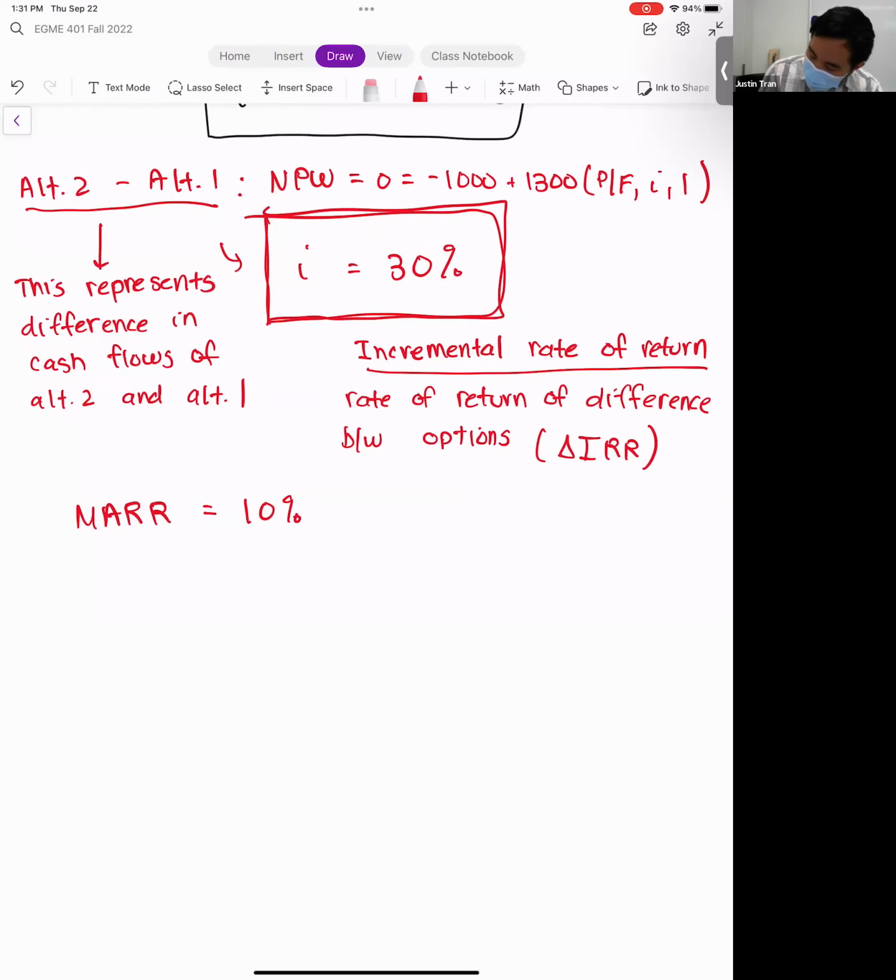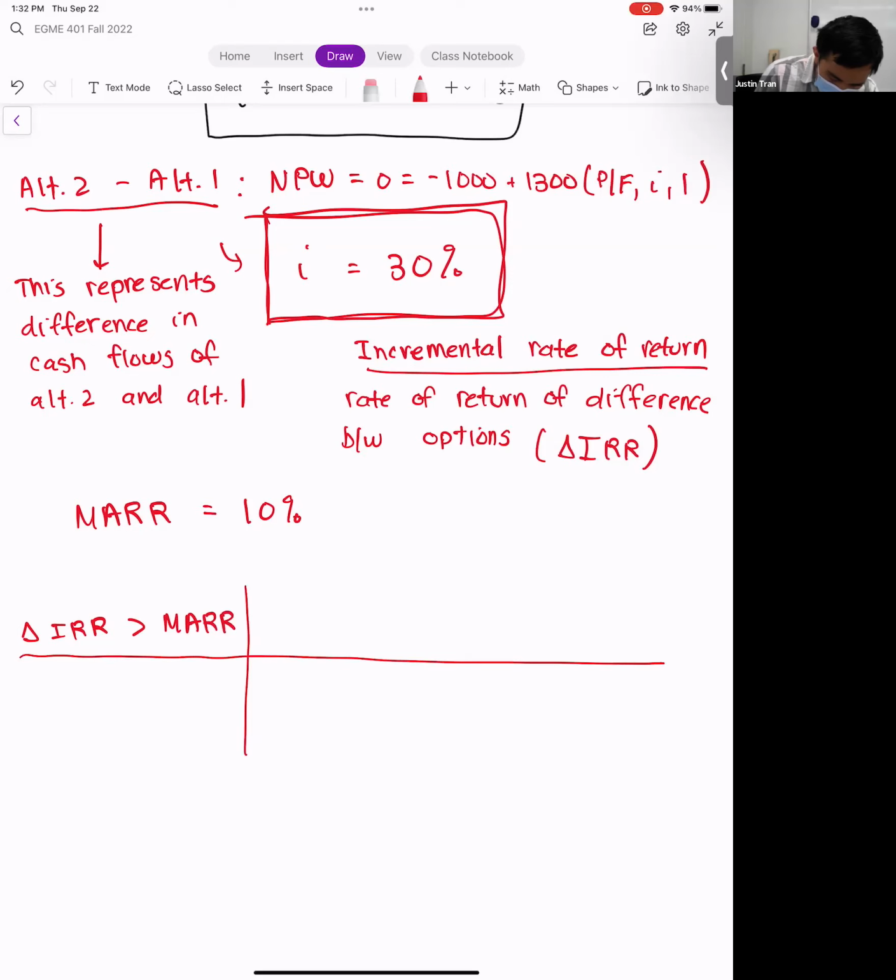We basically have two cases. If the delta IRR is greater than the MARR, then you want to choose the higher cost option.